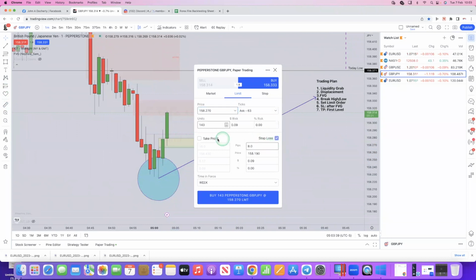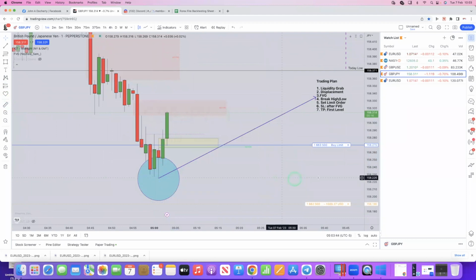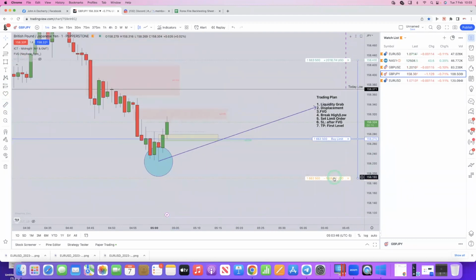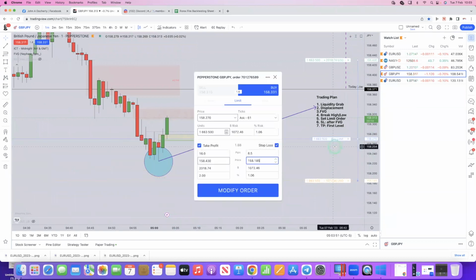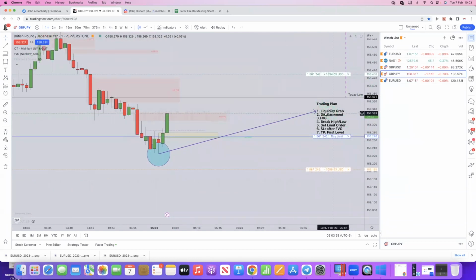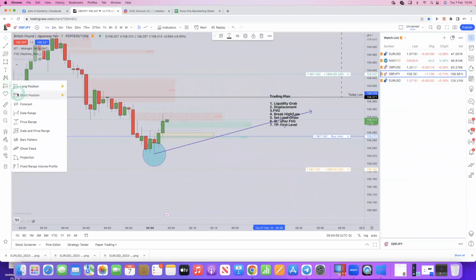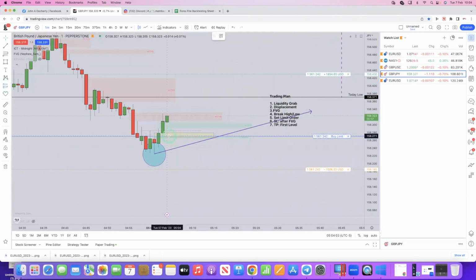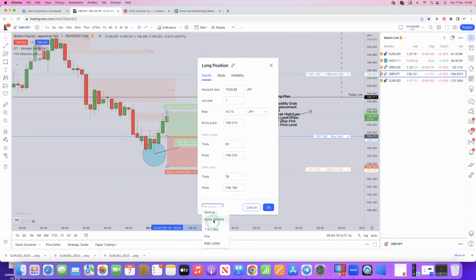Do a buy. 8, 16, 1%. So again, it looks as if we may have missed this price, to be honest. Took too long to get in on it. So hopefully it might come back. One to two buy.